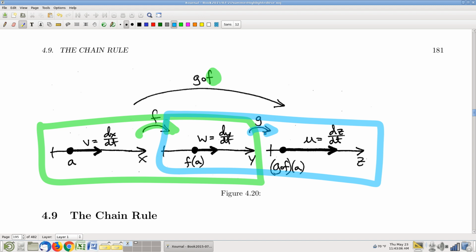Note g in the composition is written there. I remind you, be super careful about this. It's super common to get these backwards. You see, in the diagram, in our left to right way that we write diagrams, f is on the left, g is on the right. But when you write the composition, f is on the right, and g is on the left. You've got to keep track of which one acts first.